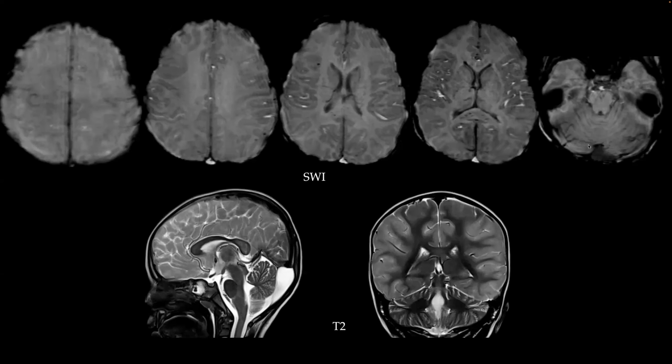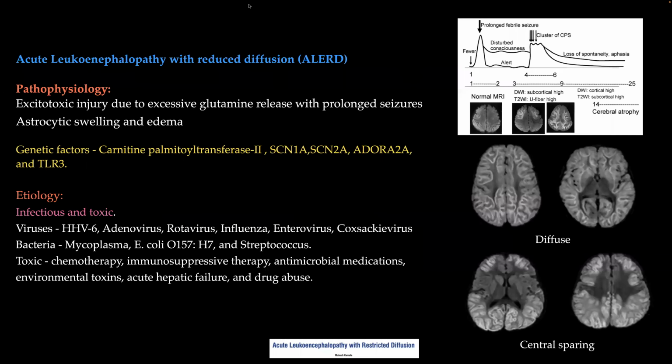No blooming abnormalities in the brainstem or the cerebellum. Sagittal image, again, involvement of the corpus callosum. No herniations, at least at the time of scan. Again, diffuse involvement of the supratentorial brain parenchyma, predominantly in the peripheral regions of the brain. Based on these findings, the imaging diagnosis thought of was ALE-RD.